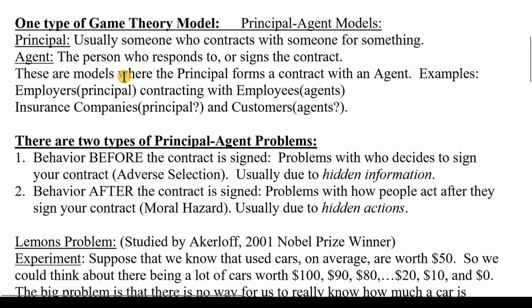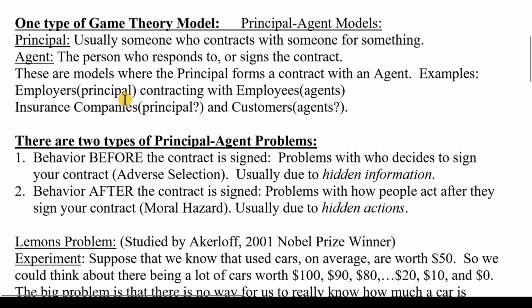So a principal writes a contract and wants to enter into a contractual relationship with an agent. Two really common examples that we'll talk about are an employer. They'd be the principal. They write the employment contract and they want to hire some employees. They would be the agents in this context.